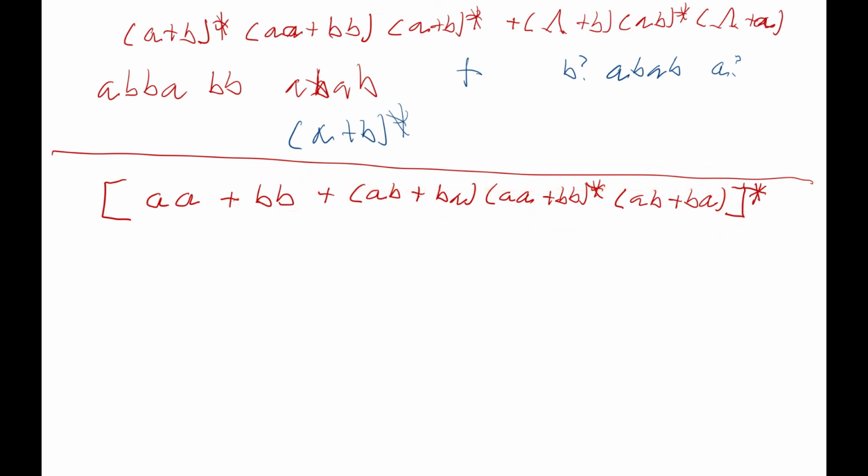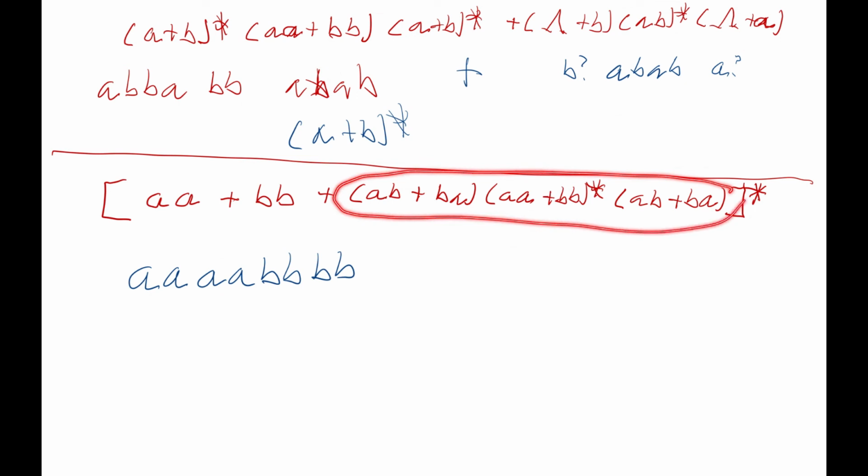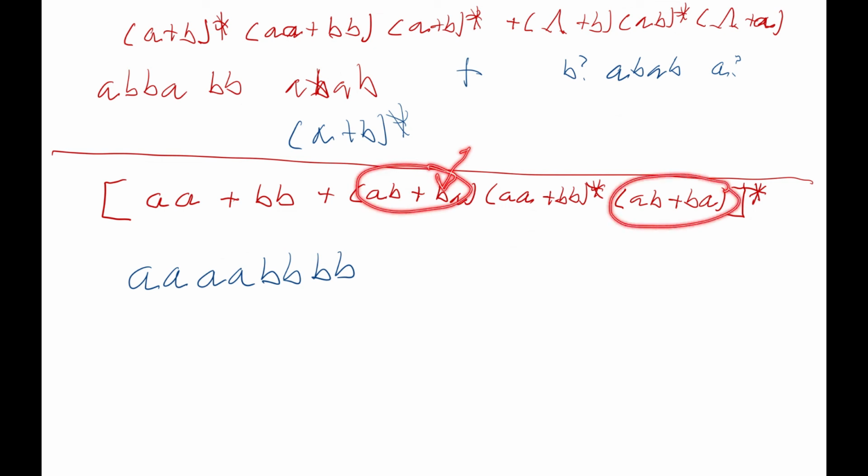We can get a couple of double A's or double B's in our word, okay? But at one point, if we pick this as our term to repeat, then we have to include one of these and one of these. So let's include, I'll choose a BA here and an AB here. So this went there and that went there, okay?